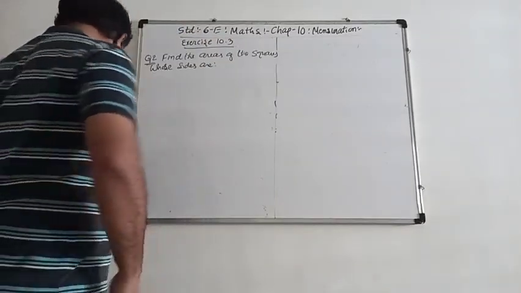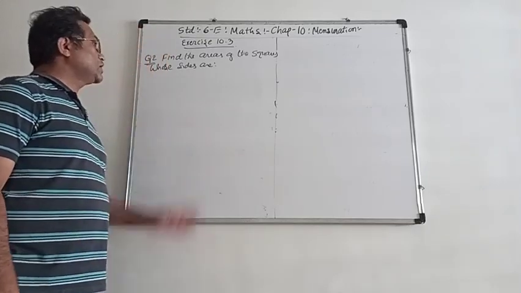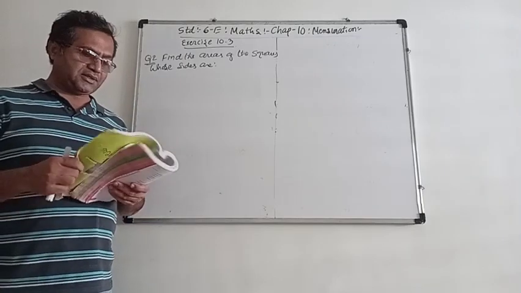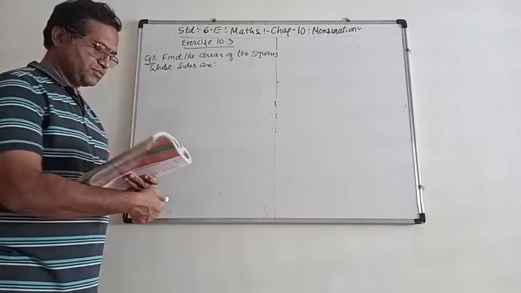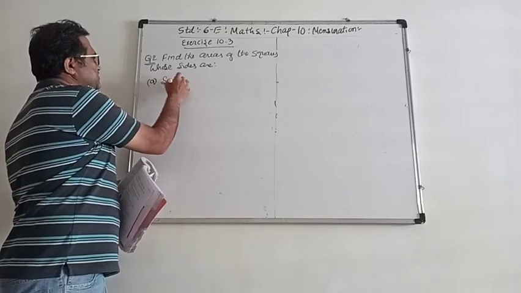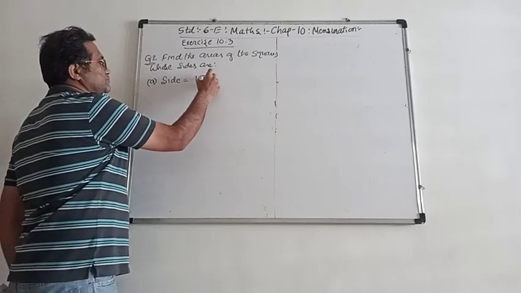Now the second question. Find the areas of the squares whose sides are given. So now the square is there and the side is given. First one. Side is equal to 10 centimeter.